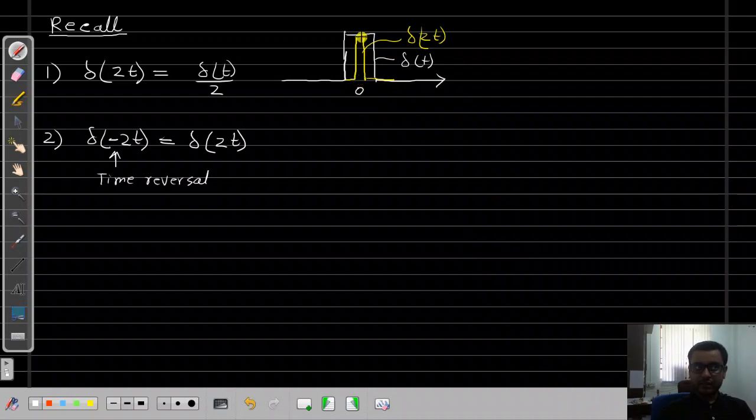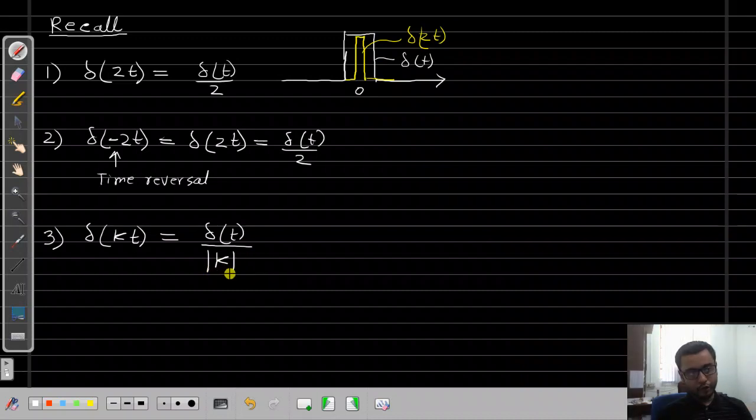The signal remains at the same location, and the area is also not changing. So these two signals are the same, and equal to delta t by 2. Therefore, in general, I can write delta of kt, where k can be positive or negative, any number, as delta t divided by the modulus or absolute value of k, which you can verify from these two observations.